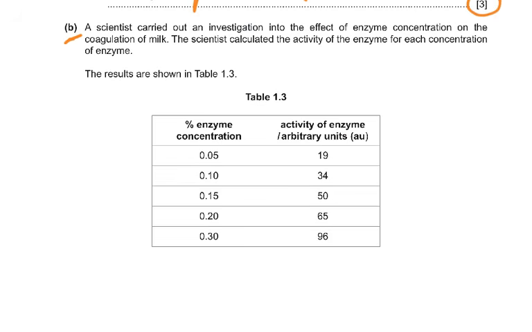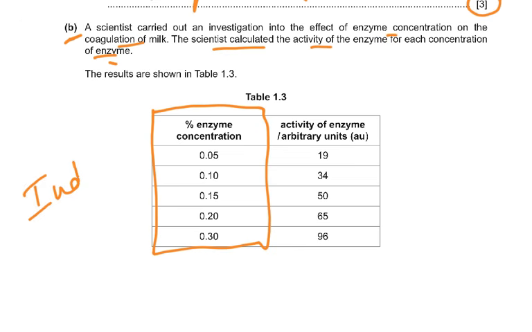B part of the question, a scientist carried out an investigation into the effect of enzyme concentration on the coagulation of milk. The scientist calculated the activity of the enzyme for each concentration. The results are shown. Now, as I told you before, this first column is always the independent variable, and this is always plotted on the x-axis.